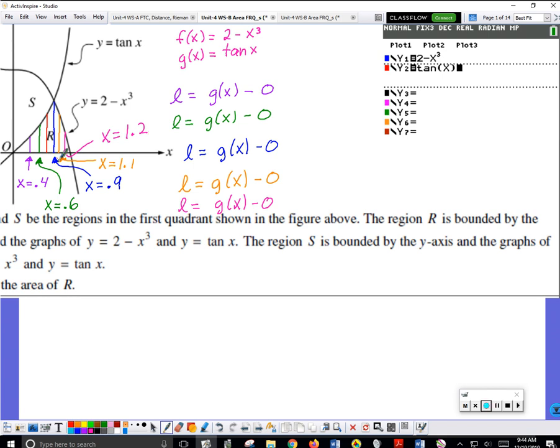So for the orange rectangle, the top y-coordinate cannot be found using g, because this top y-coordinate is touching the f function. So the orange has to be f of x, and the pink as well. So this should be f, and the pink should also be f.